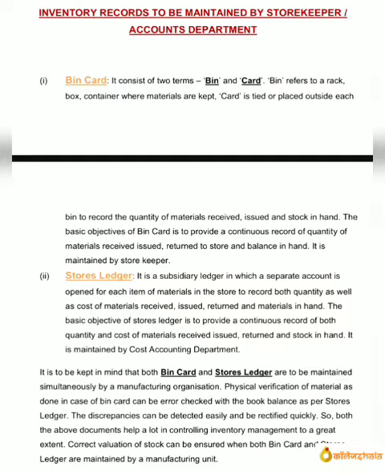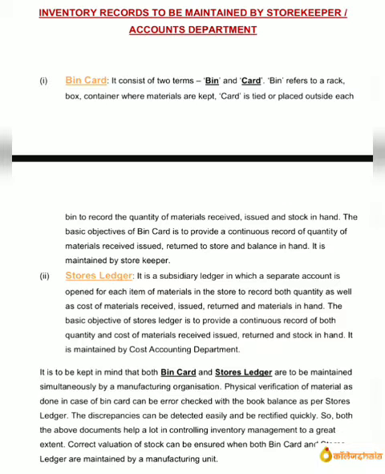A card is tied or placed outside each bin to record the quantity of material received, issued, and stock in hand. The basic objective of the bin card is to provide a continuous record of quantity of material received, material issued, returns to store, and the balance in hand. This bin card is maintained by the storekeeper.